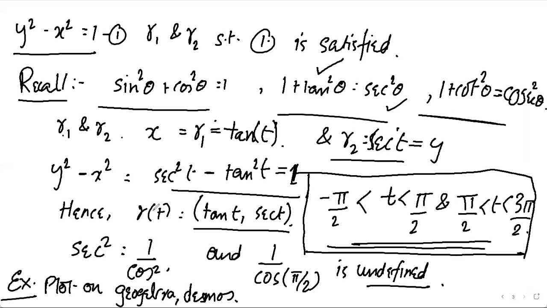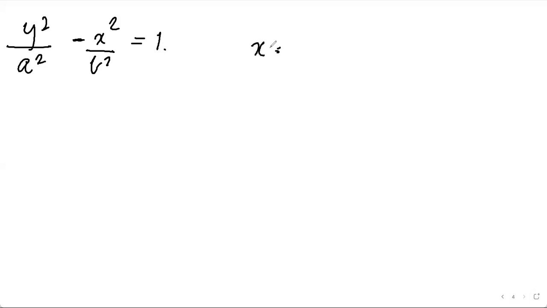now moving on to another example. So this was the parametric equation for a hyperbola. Now more generally, a hyperbola is of the form y square upon a square minus x square upon b square equals 1. So in that case, we'll take our x as a tan t and y as b.